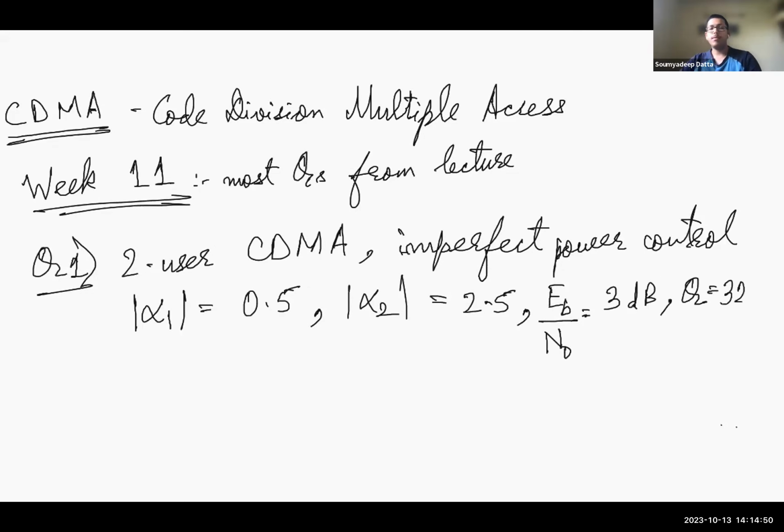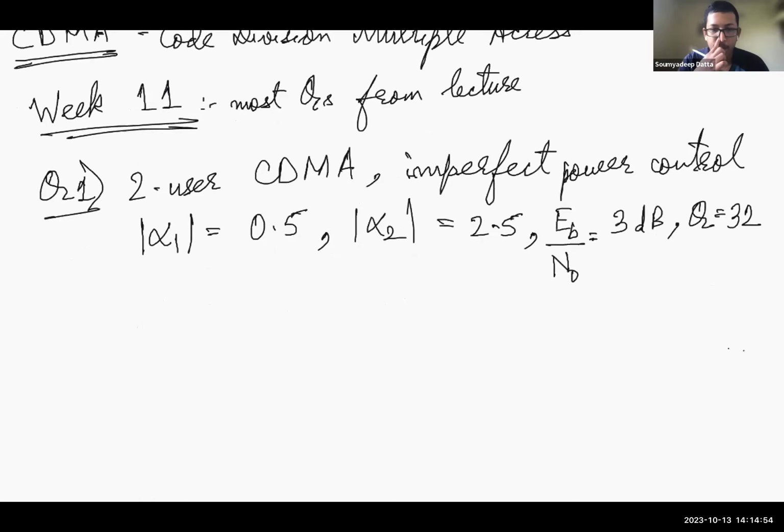This is the number of chips for that Gold sequence. You are asked to compute the degradation factor for user 1 and the degradation factor for user 2.